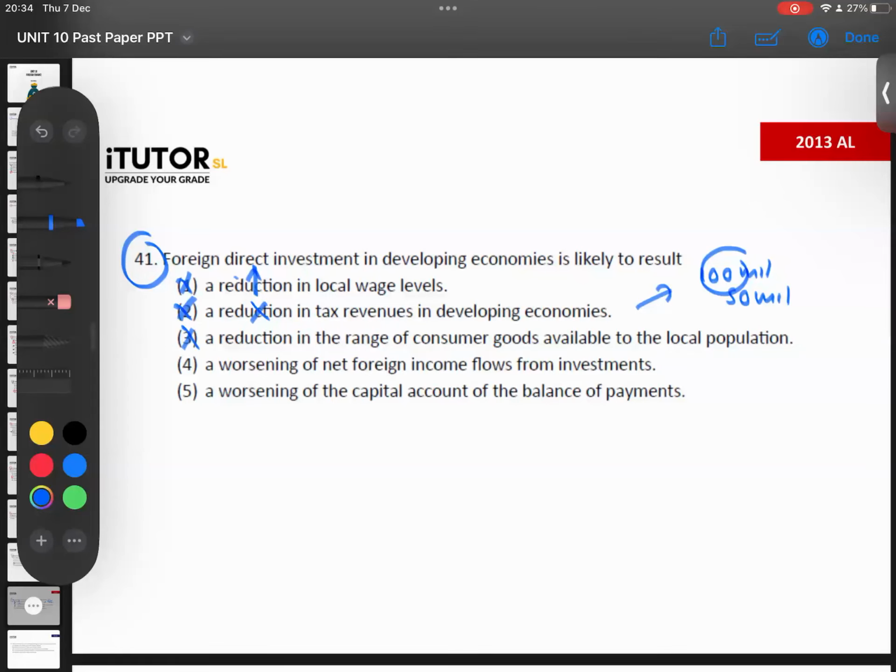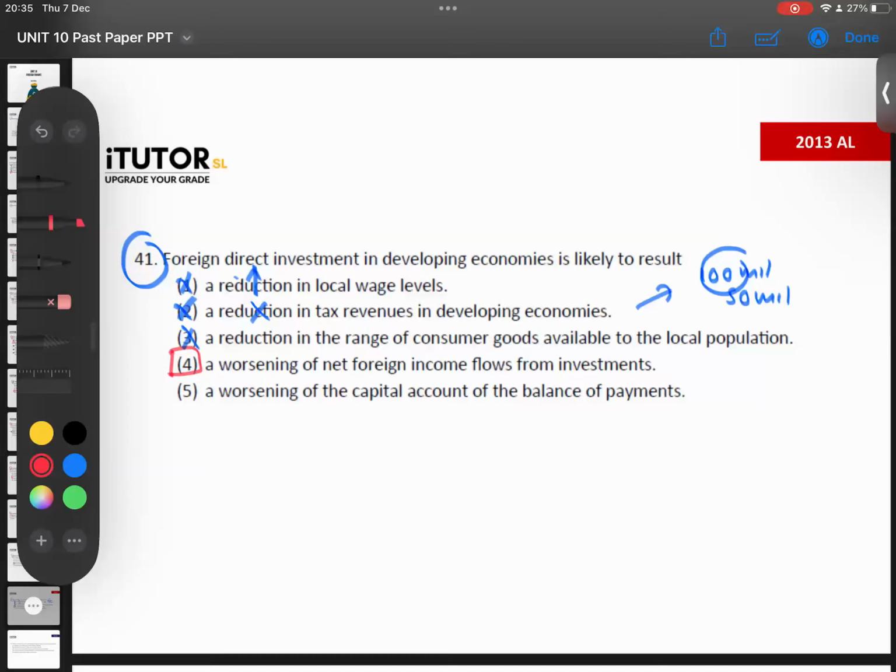Okay. Then fourth one, Lamai, worsening in the net foreign income flows from investment. Can that be the answer? That can be our answer, no? Why? Whenever there is foreign direct investment, do you think, Lamai, those people keep the profits they get in our country?